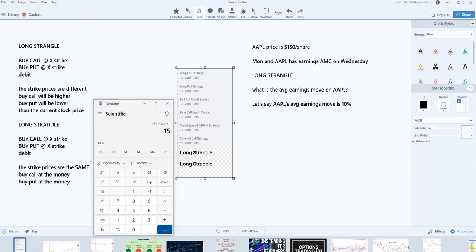So I can expect, within reason, Apple to hit 135 to the downside, or I can expect Apple to hit 165 to the upside. Okay, so my long strangle, I would do something like this.